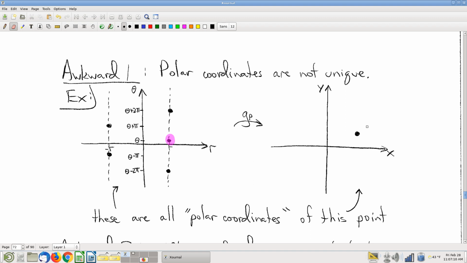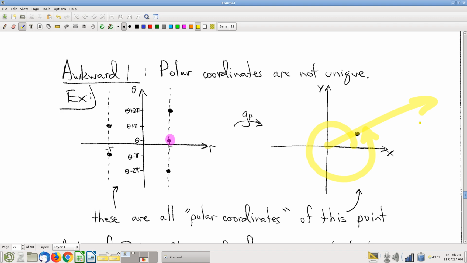But notice, that's going to seem silly, but if I were to define my direction by going a full 2 pi around and then that little bit further, that defines the same direction.